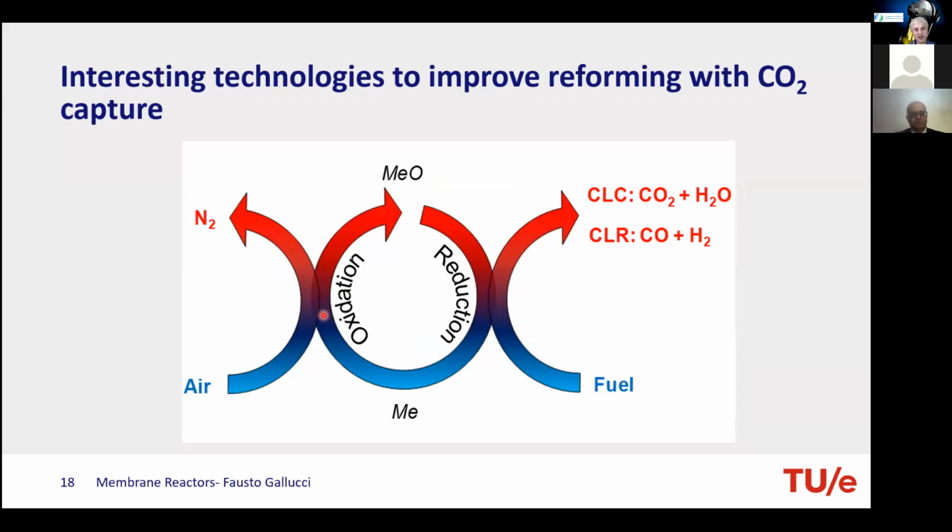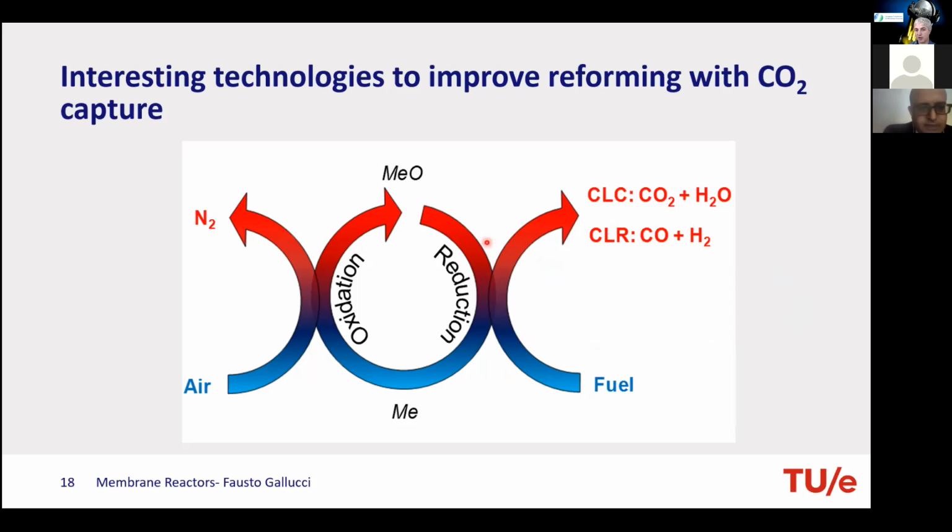But if you take the same iron and you bring it to 600 degrees, then that reaction is extremely fast. So you can use the heat because you produce a lot of heat in a small amount of time. And this is what we do in chemical looping. So the metal is combusted or oxidized to metal oxide. And this metal oxide is very hot, so you use the heat to drive a reforming or a combustion of the fuel.